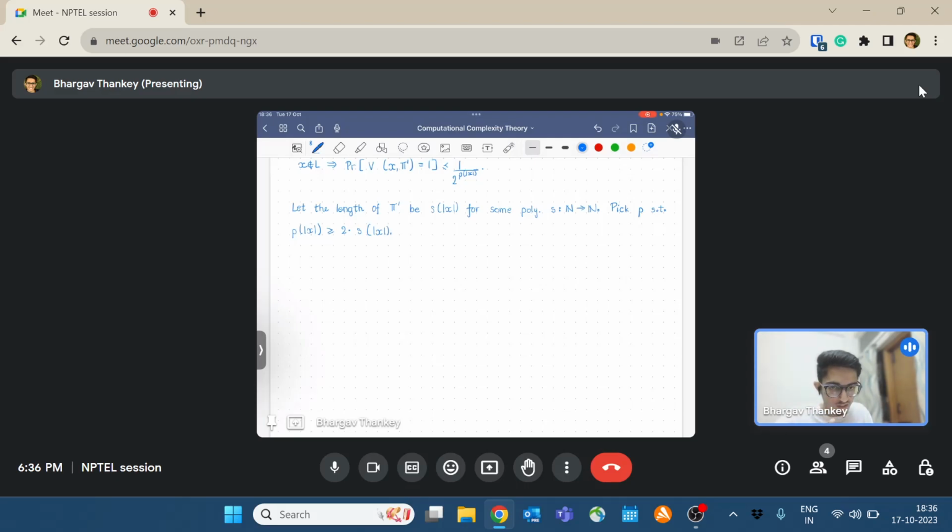And so now we wanted to switch the order of the messages sent by the verifier and prover, right? So the verifier sends R first, and then the prover will reply with pi prime.